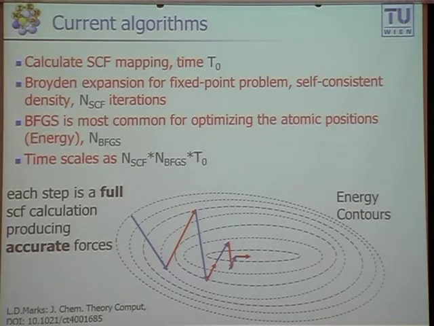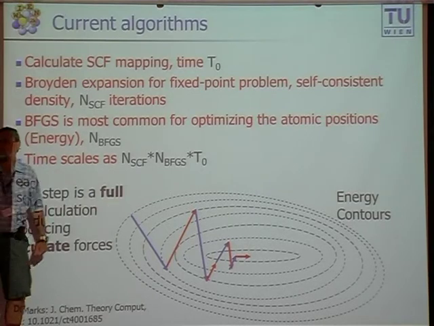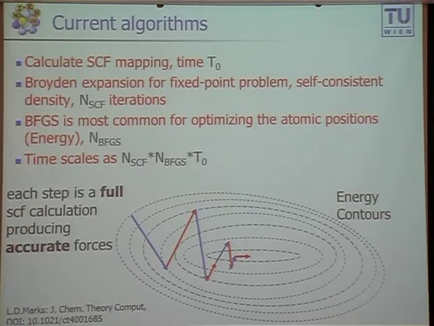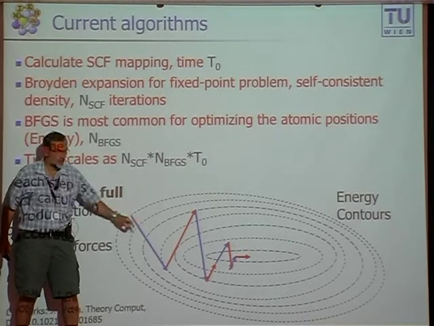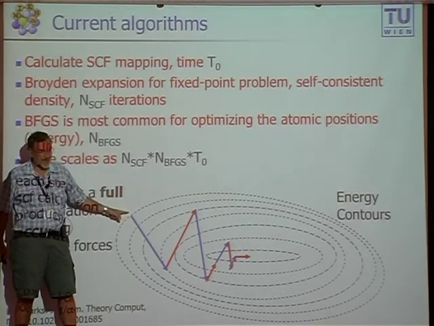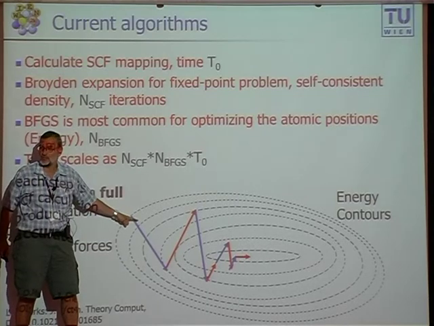It's completely useless. Let's calculate this force only approximately. That means let's do just one SCF cycle. Hopefully we get a force which points somewhere in this direction at least, and let's move the atom a little bit in this direction.